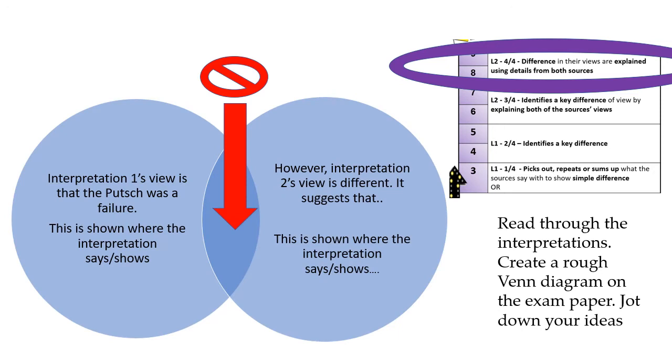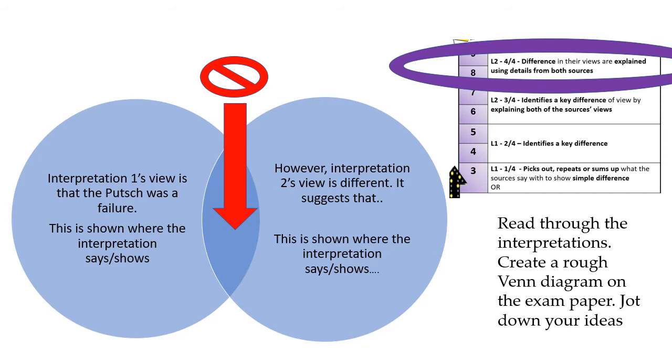Now we can write up our research, and again we're going to limit ourselves to 4 or 5 sentences because this is only a short answer. So you need to begin it in a certain way to get the marks. So I've started it for you. Interpretation 1's view is that the putsch was a failure. This is shown where the interpretation says, shows, and at this point you should be able to put in your evidence.